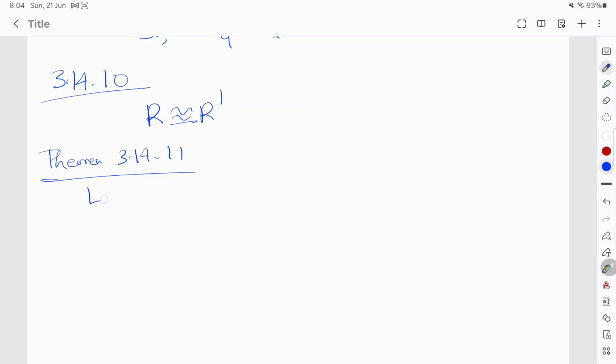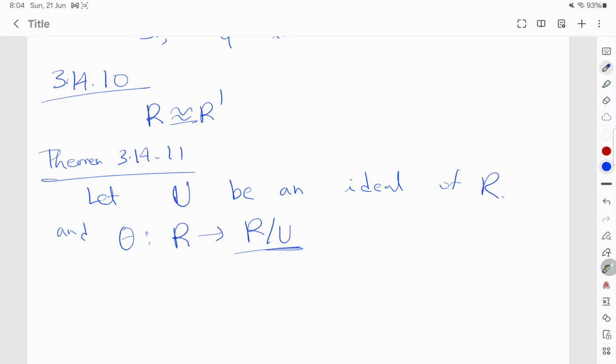So let U be an ideal of R and theta, which is a map from R to the quotient ring R by U. This is well defined, right?